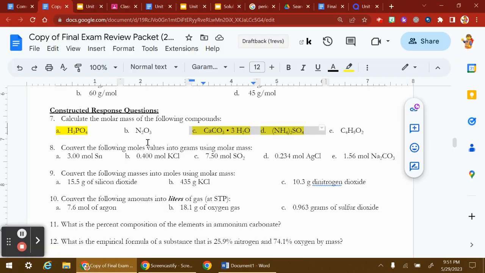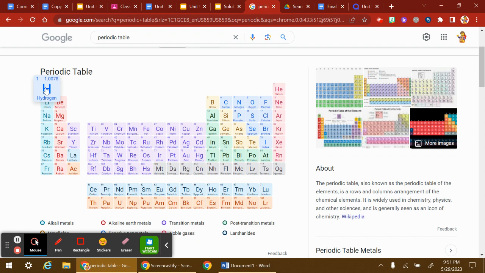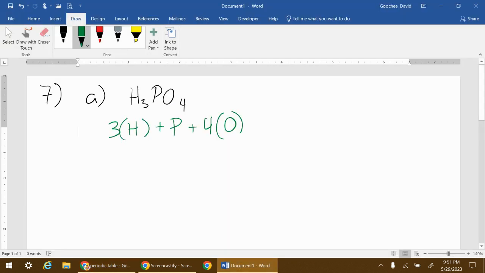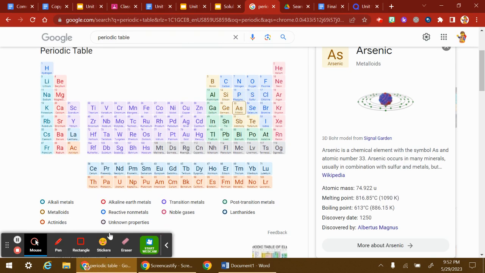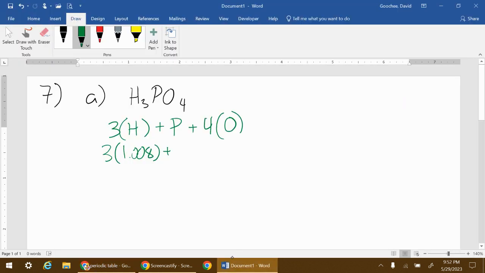Let's go. So hydrogen, here on the periodic table, the molar mass of hydrogen is 1.008. So 3 times 1.008, plus the molar mass of phosphorus, which is 30.97, plus 4 oxygens.